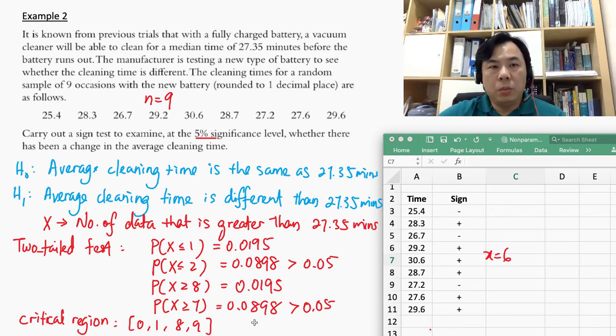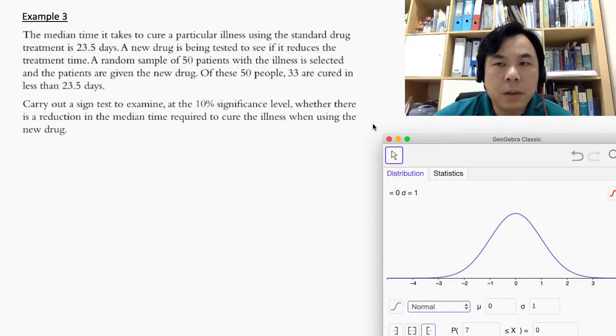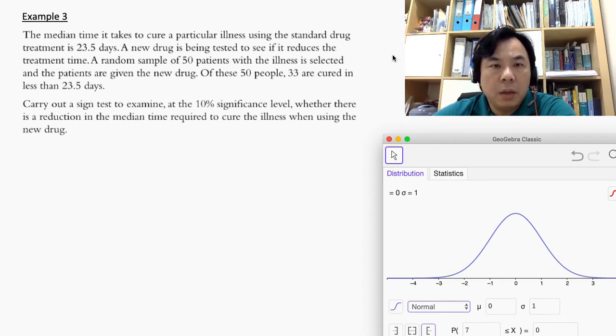Now I'll move on to the third example shortly. Welcome back. This is example number 3. The median time it takes to cure a particular illness using standard drug treatment is 23.5 days. A new drug is being tested to see if it reduces the treatment time.